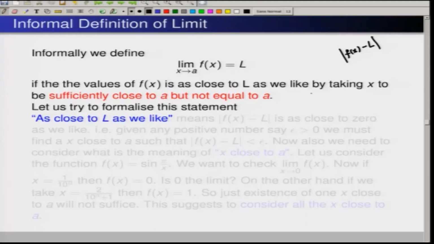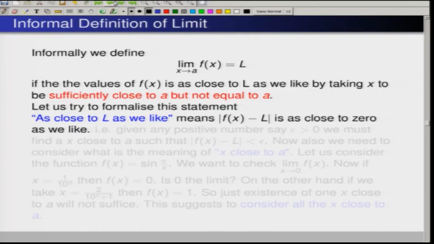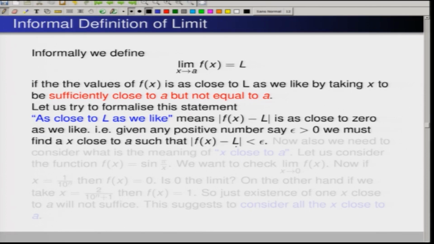As I want f of x to be as close to L as I want, that means f of x minus L has to be very small. Whatever small number you give me, let us call that epsilon, I can find x such that the mod of f of x minus L is less than epsilon. That means f of x is very close to L, as close as I want.